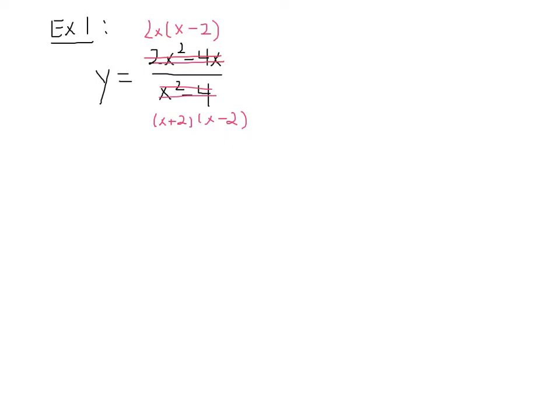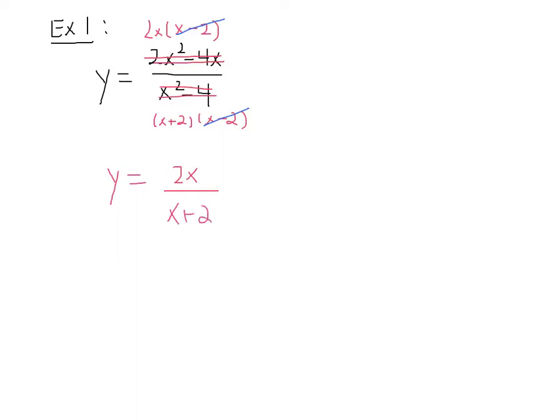Then you want to cancel off any common factors. I have an x minus 2 on the top and the bottom, so I'm going to cancel that off. And so my new equation is y equals, on top I just have a 2x, and on the bottom I have x plus 2.